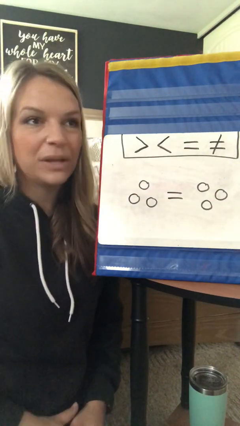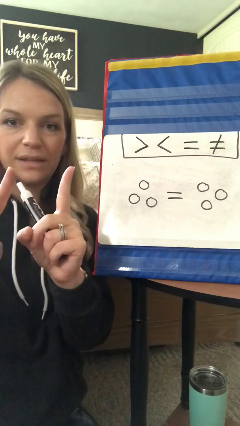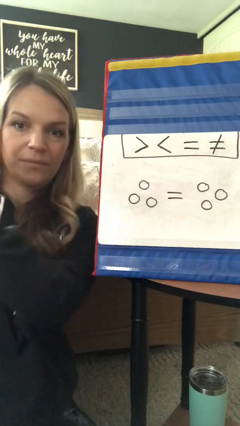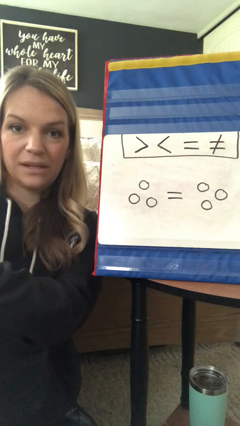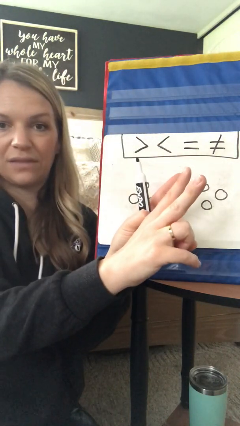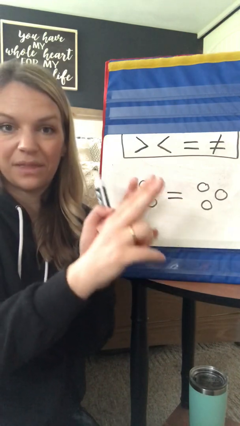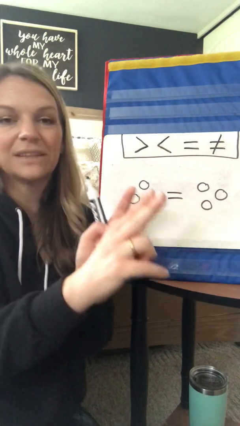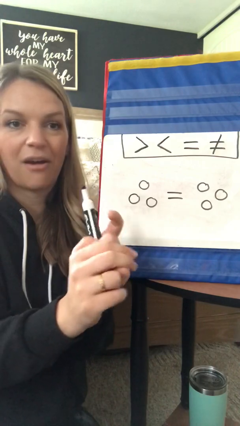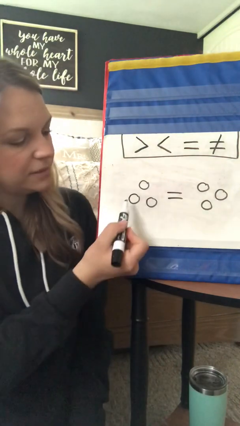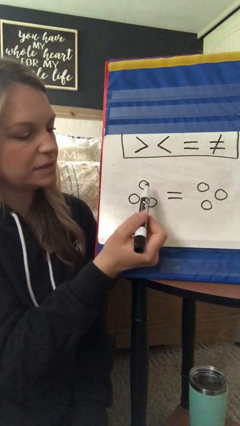Equals, right? We know 2 plus 1 equals 3. Whatever's on this side of the equal sign is the same as whatever's on this side of the equal sign. Might look a little bit different, but they mean the same thing. If it's the same amount, they are the same. They are equal.